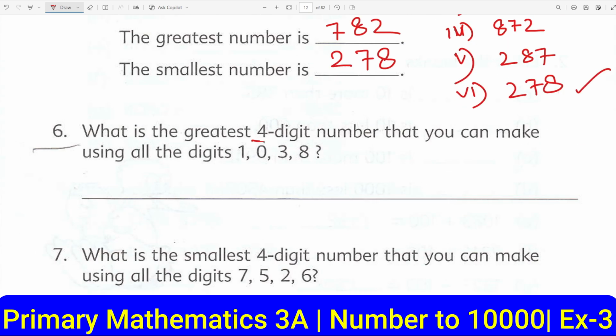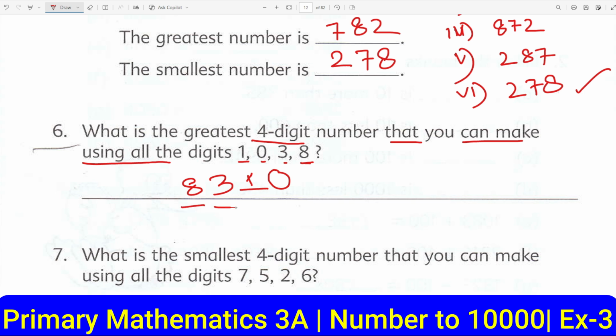What is the greatest 4-digit number that can be made using all the digits? The digits are 1, 0, 3, 8. If you want to make the greatest one, the top left digit should be high. So first is 8, second is 3, next is 1, and finally 0.